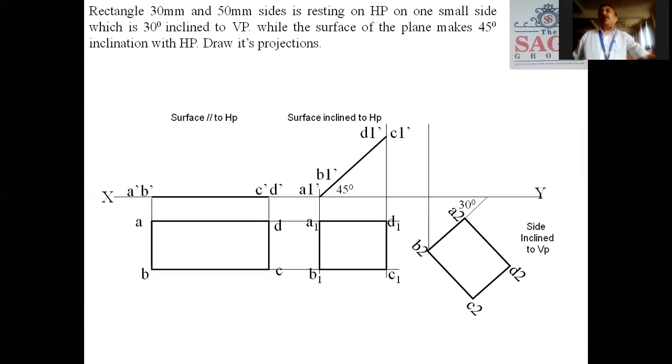Now we project it and draw locus from the previous view and get the intersection points, name them, and join them.